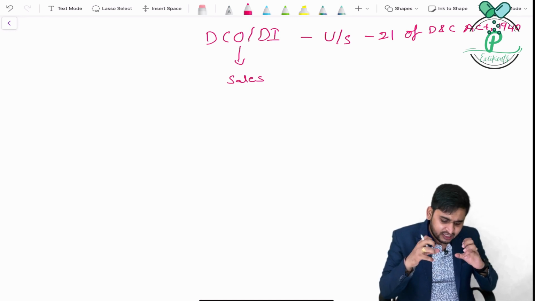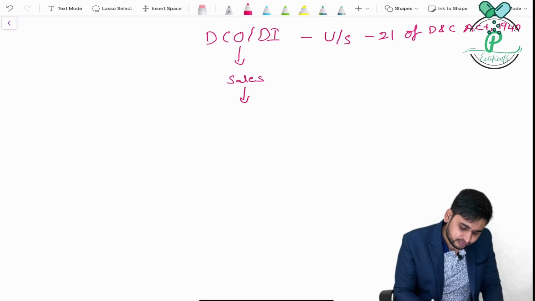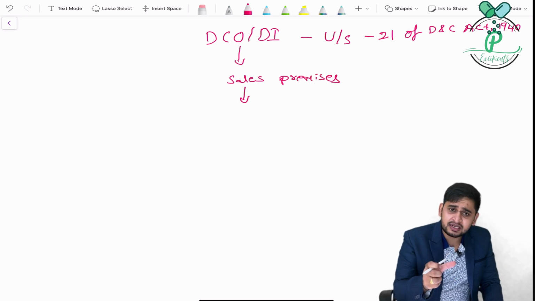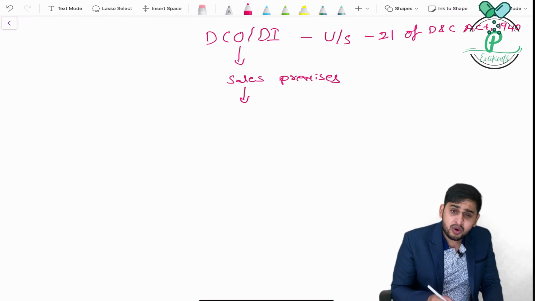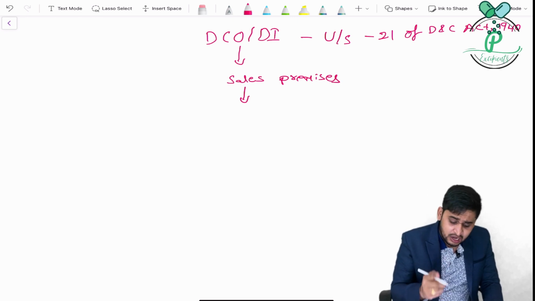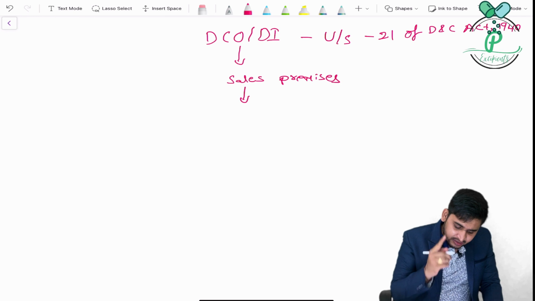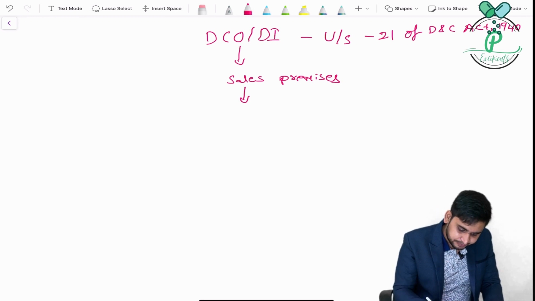If the drug inspector feels that it is a doubtful quality of the drug, having reason to believe so, what does the drug inspector do? The drug inspector definitely lifts the sample, right? Lifts the sample whenever entering into the sales premises.